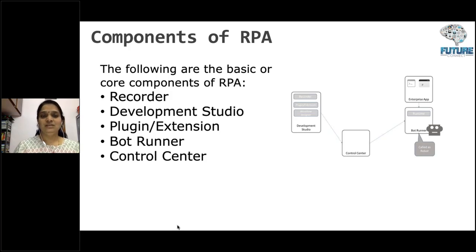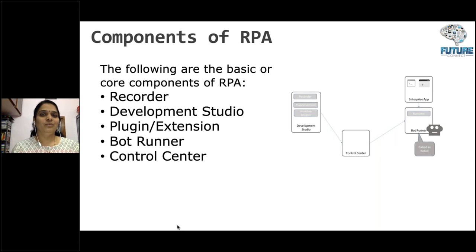So what happens here is, it is like making a movie. You have to record it, you have to edit the process, you have to access several other applications, like you need to have sound control, video control, lightings. So all those plugins happen, and then it is recorded, that is, it is stored, and it is run as a film.